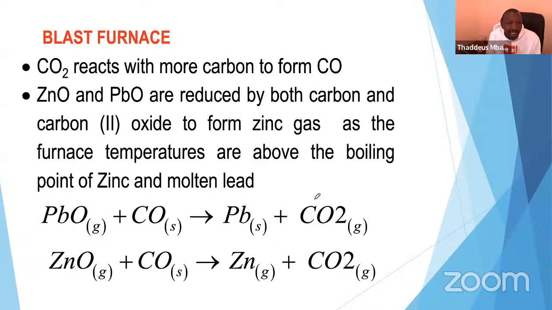Zinc oxide and lead oxide are reduced by both carbon and carbon monoxide to form zinc gas, as the furnace temperatures are above the boiling point of zinc. And that's a question that can also be asked: explain why the zinc is being collected as a gas, because the furnace temperatures are above the boiling point of zinc metal.